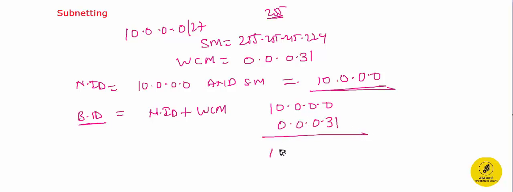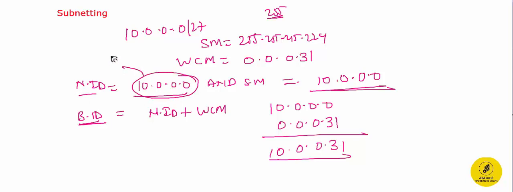You add them and get 10.0.0.31. That is the broadcast ID, which means the last IP of this network. Network ID is the first IP of this network. The network starts here, that's the first IP. The network ends here, that's the last IP of the network.